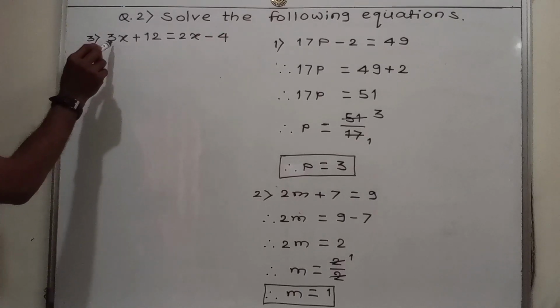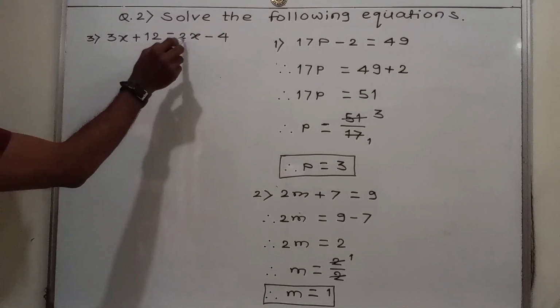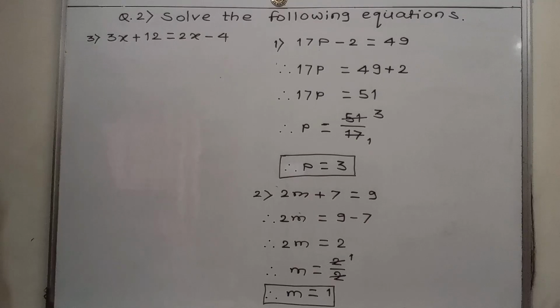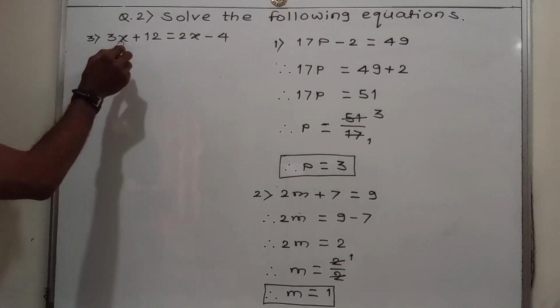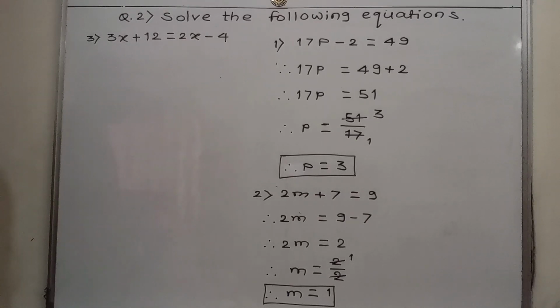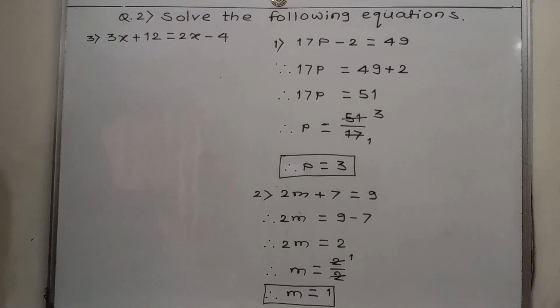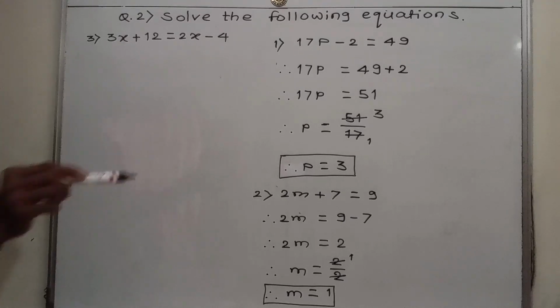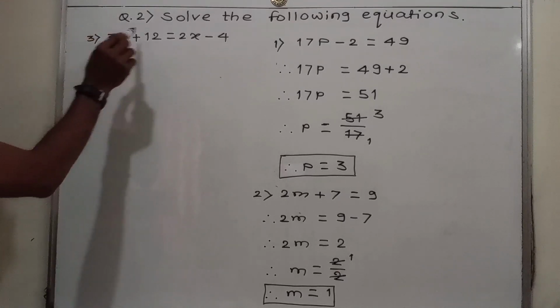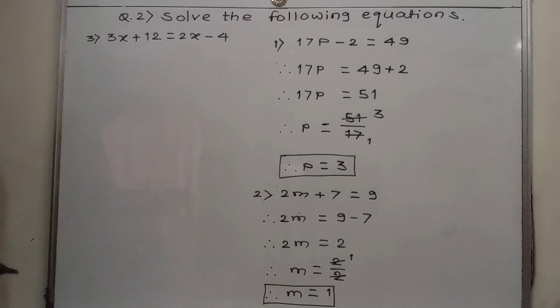Now, see here 3x and here 2x are like terms, because here variable x, here also variable x, along with coefficients 3 and 2. Did you get it? Only one variable x, but that variable is along with coefficients 3 and 2.